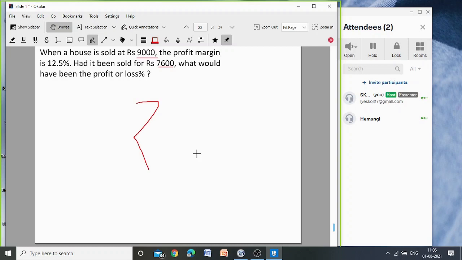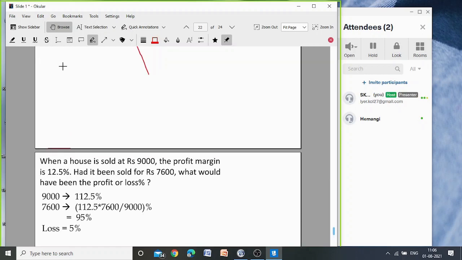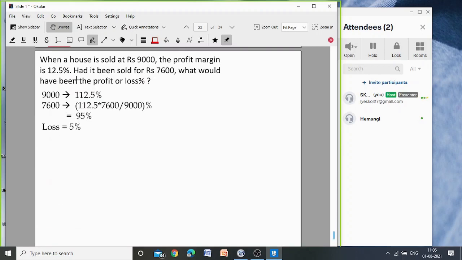Okay, so the house is sold at 9,000 and the profit margin means the profit is 12.5%. Now if you are selling it for 7,600, that means you are selling at a smaller price. What would be your profit or loss? That means you have to find the cost price, then we will be able to find the profit or loss. Whenever you are getting 12.5% profit, the starting point is always 100%.